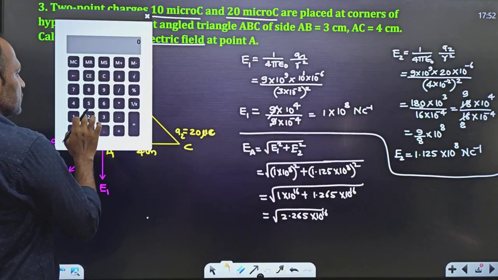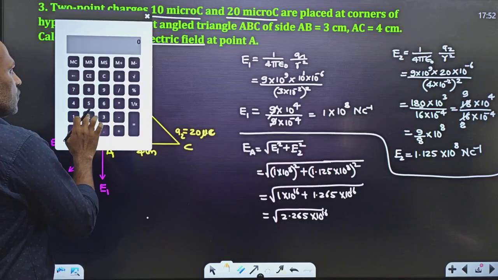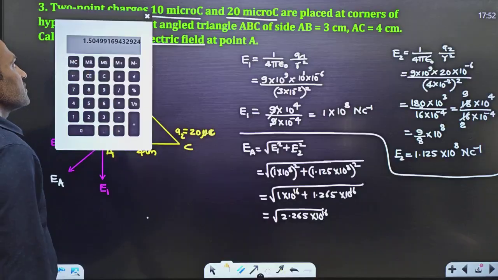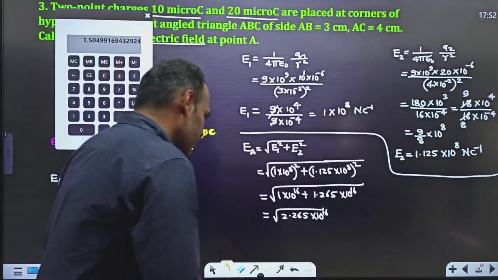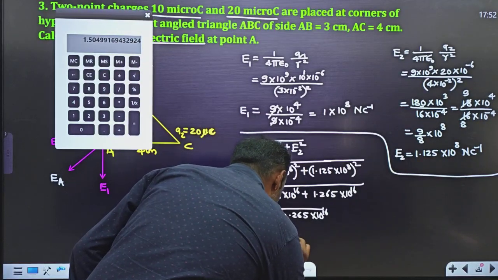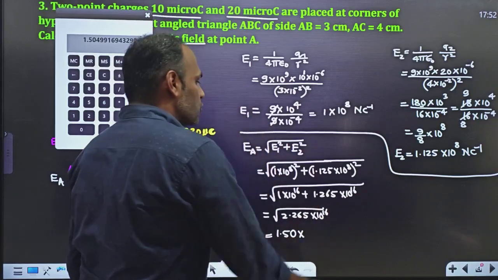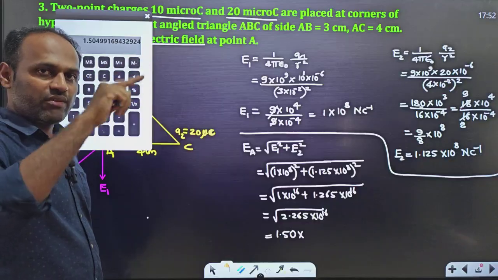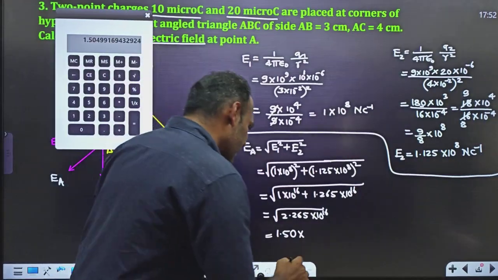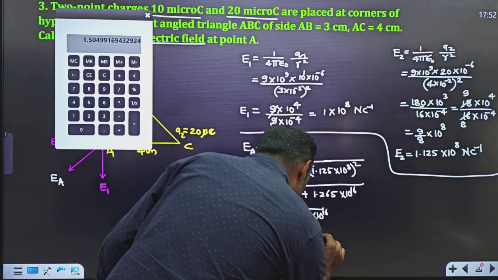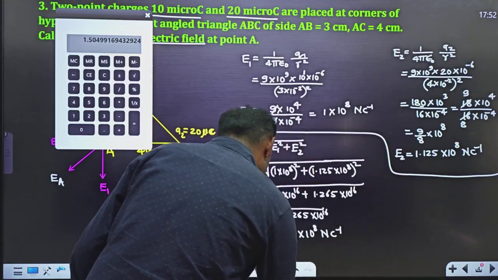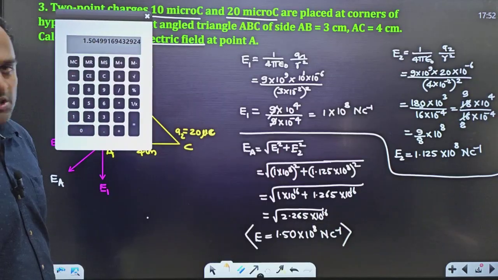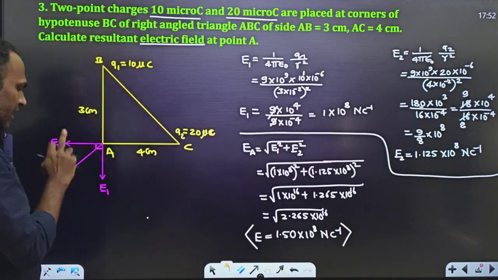Square root of 2.265 is 1.50. And taking the square root of 10 to the power 16 outside, it will be 10 to the power 16 divided by 2, which is nothing but 10 to the power 8, right? 10 to the power 8 Newton per coulomb. So this much will be the electric field at point A.